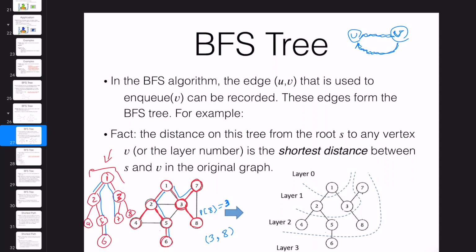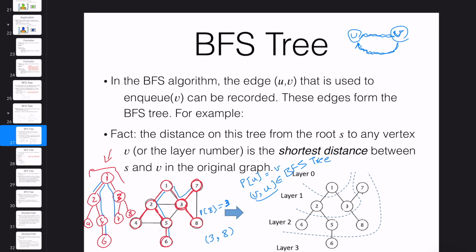Okay, so for every node u in your graph, p of u is going to be some node v, which basically means that there is an edge from v to u, and that edge is going to be a part of the BFS tree. Okay, so all of these are going to be a part of your BFS tree.